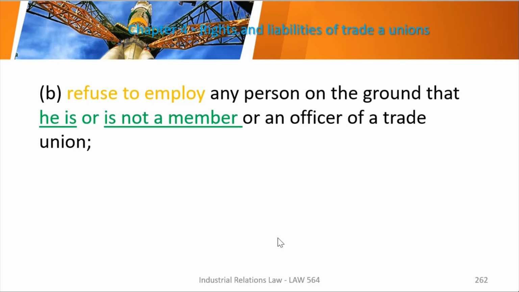In order to accept a person, you have to accept without some kind of ill intention, or wanting to prevent somebody from exercising their rights. That is a guarantee.